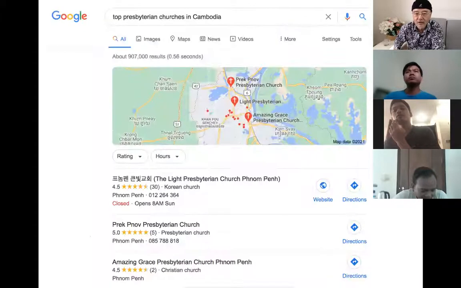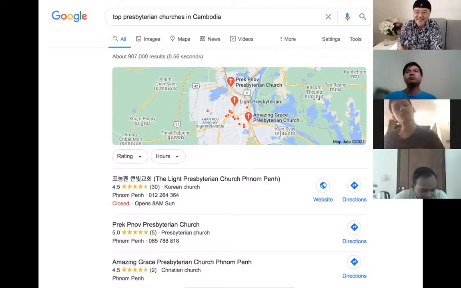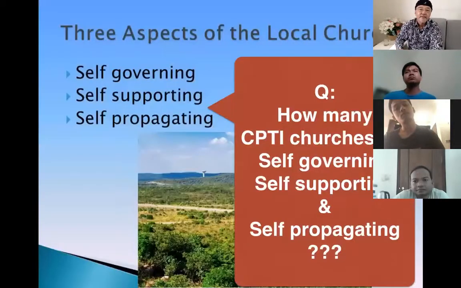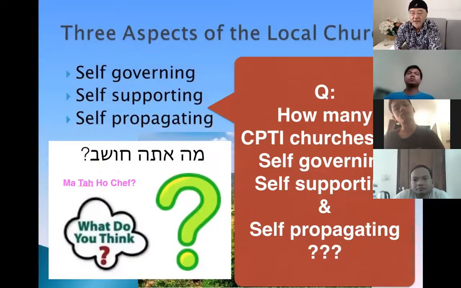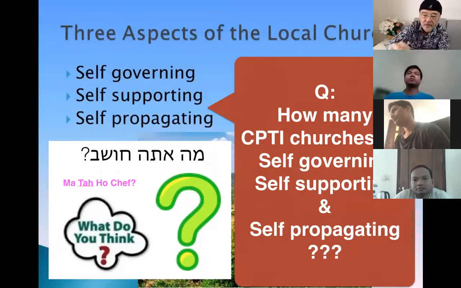Here, something went wrong because when I type top Presbyterian church in Cambodia, the first churches representing Cambodia are by Koreans. Why should Koreans represent Cambodian Presbyterian churches? That should be the research question for you: how many CPTI churches are self-governing, self-supporting, and self-propagating? Matao Chef, what do you think? You need to ask that question.